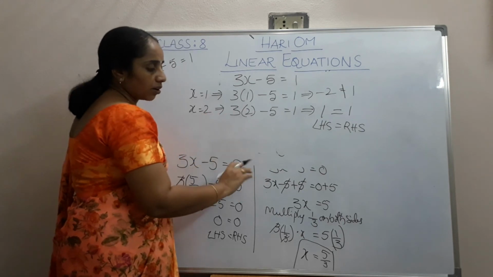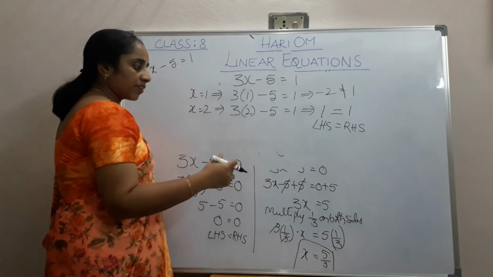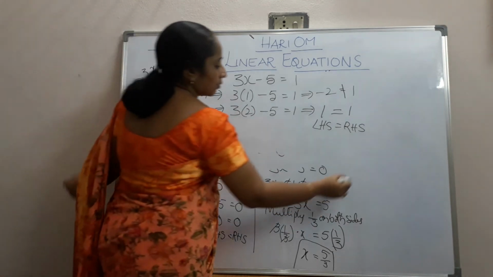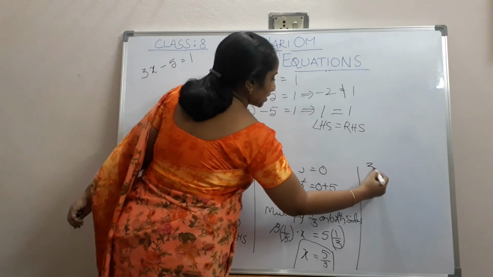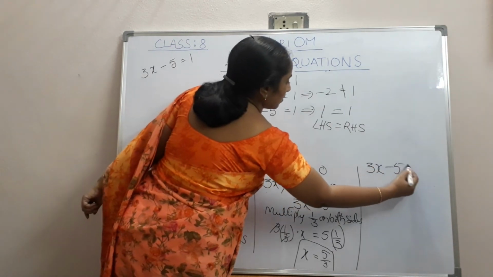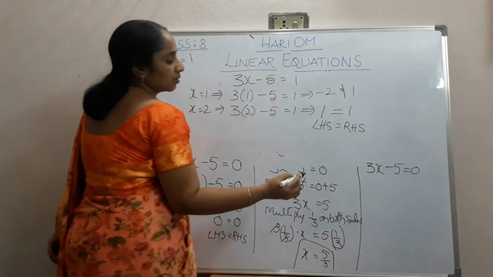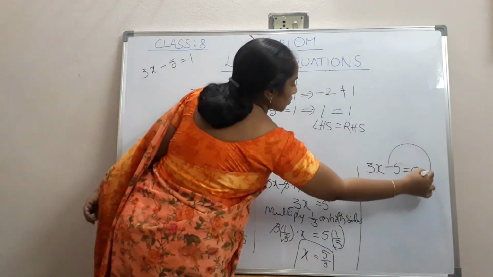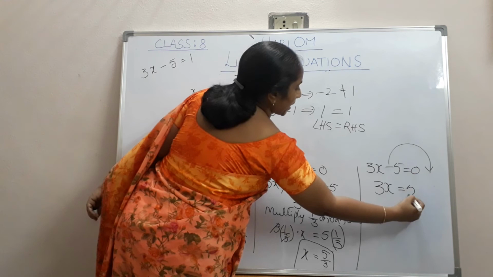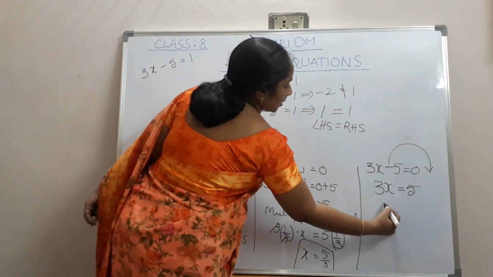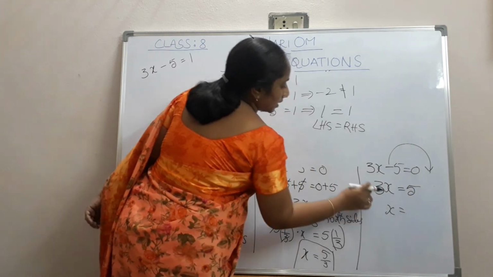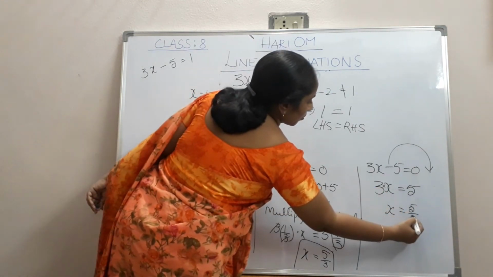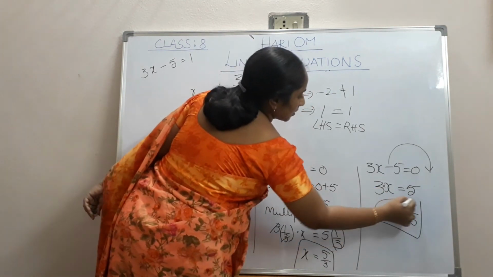This is by adding or subtracting. And finally we have the transposition method. What does transposition mean? 3x minus 5 is equal to 0. 3x is equal to, take this minus 5 to that side, it becomes plus 5. x is equal to, here it is 3 into x, it becomes 5 by 3.